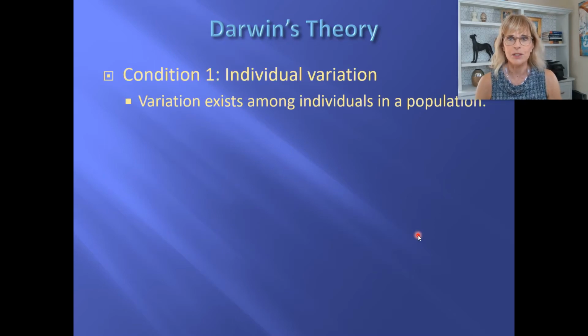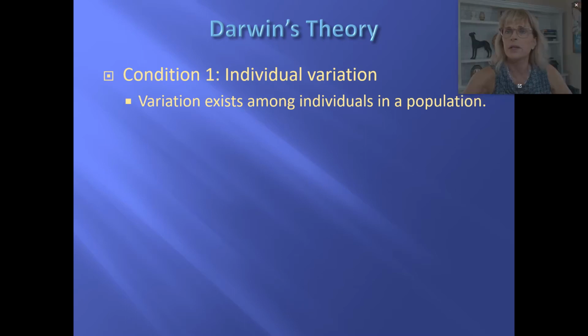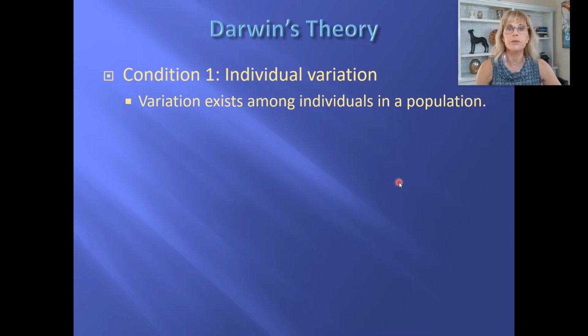So, what is Darwin's theory? To break it down, Darwin's theory started out with a couple of conditions. Condition number one, that the individuals in a population are not identical genetically. They might look the same to us.